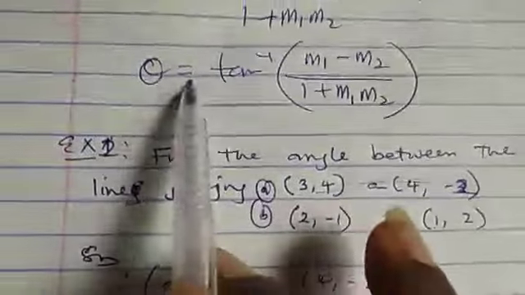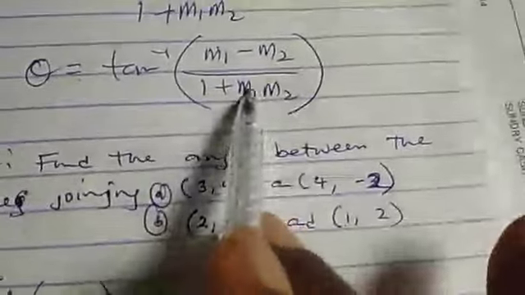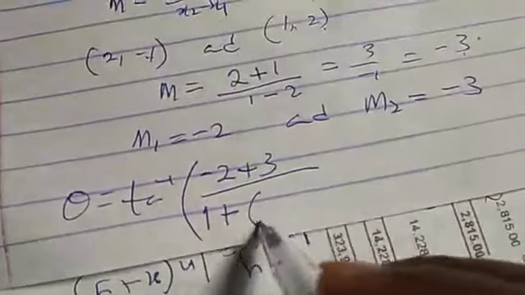Then I can make use of this formula. The formula will be arctan of m1 minus m2. Our m1 is minus 2, minus m2, which is minus minus 3, becomes plus, over 1 plus m1 m2, that is minus 2 times minus 3.